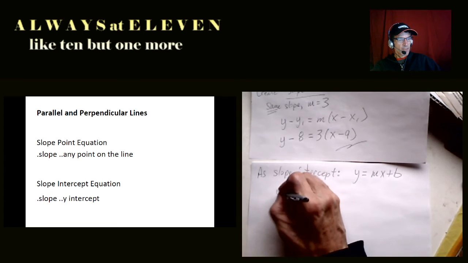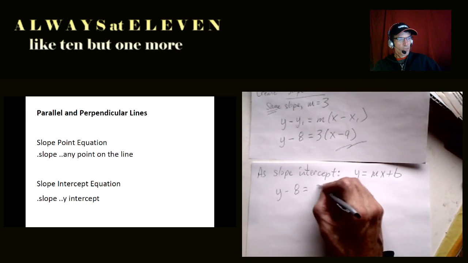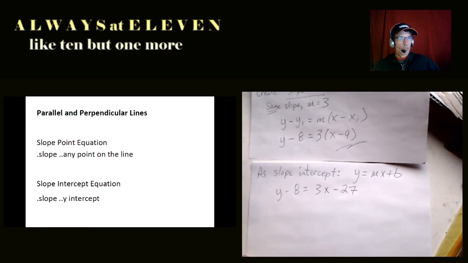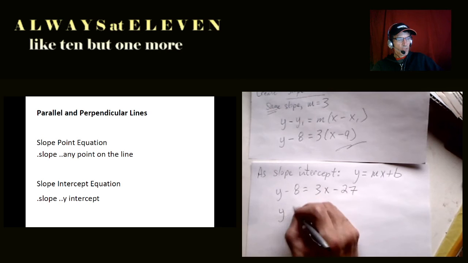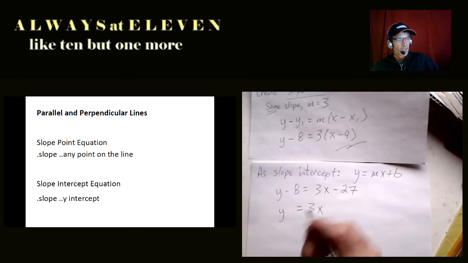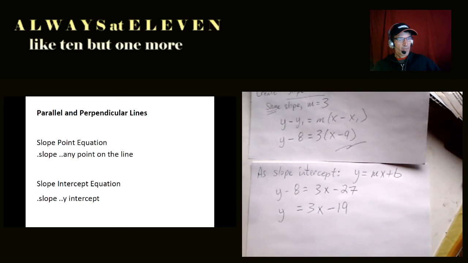So let's do that. We get y minus 8, the 3 multiplies in, and you get 3x minus 27. Next is to move the 8 over. So officially you add 8 to both sides. And when you do that, you'll end up with a minus 19 over on this side.